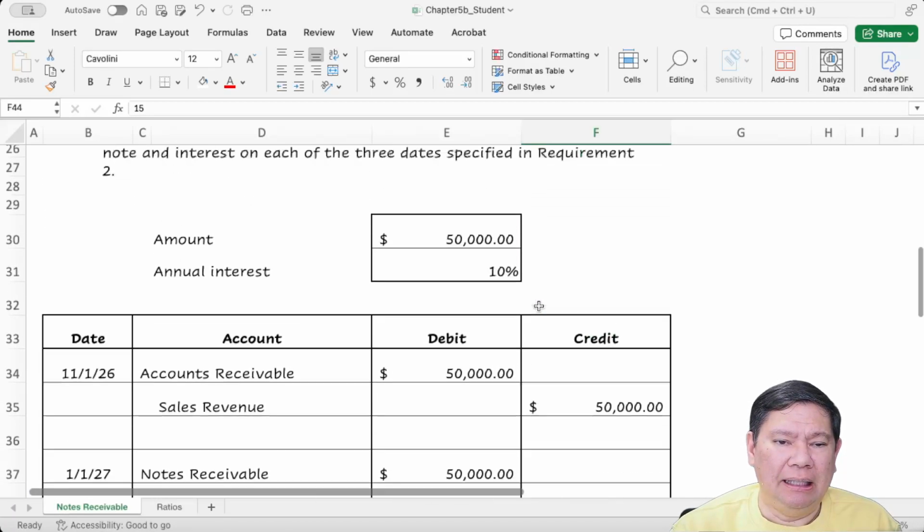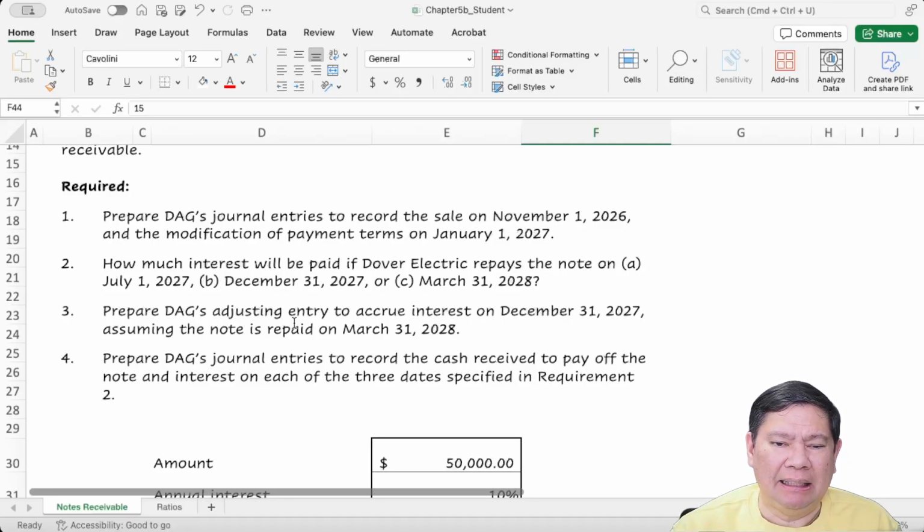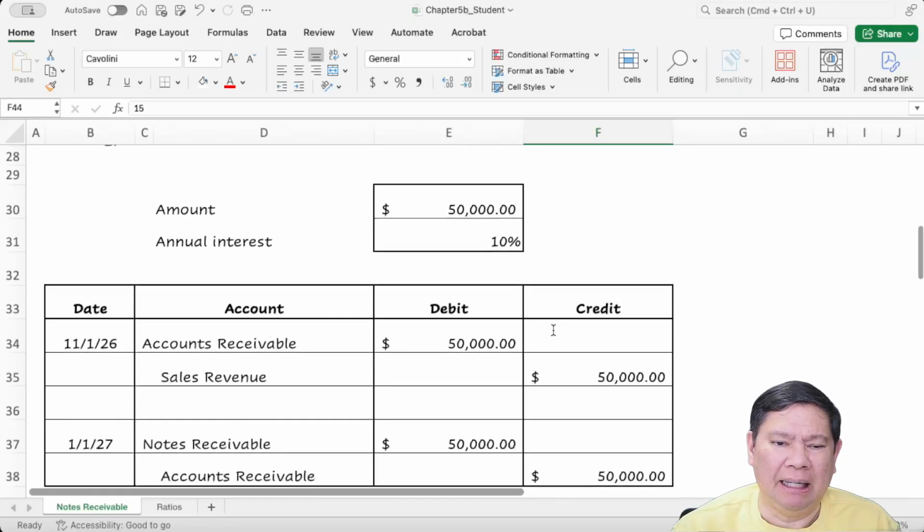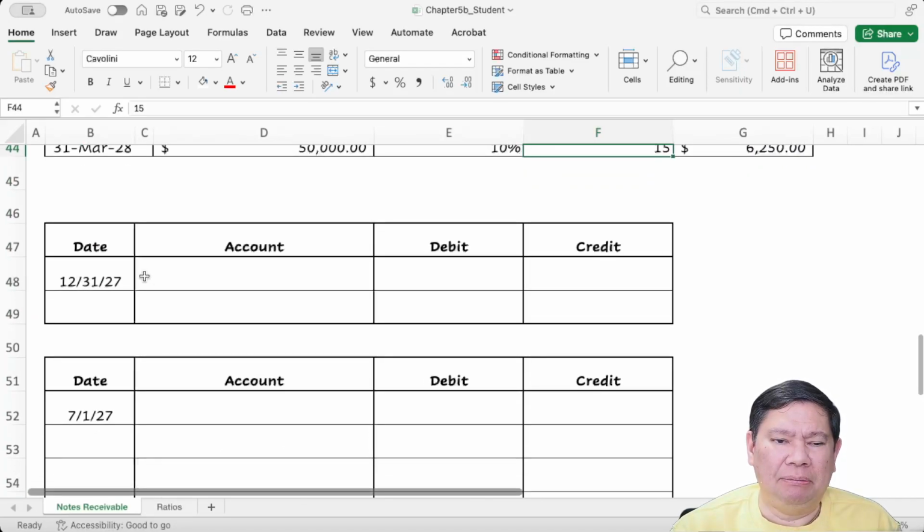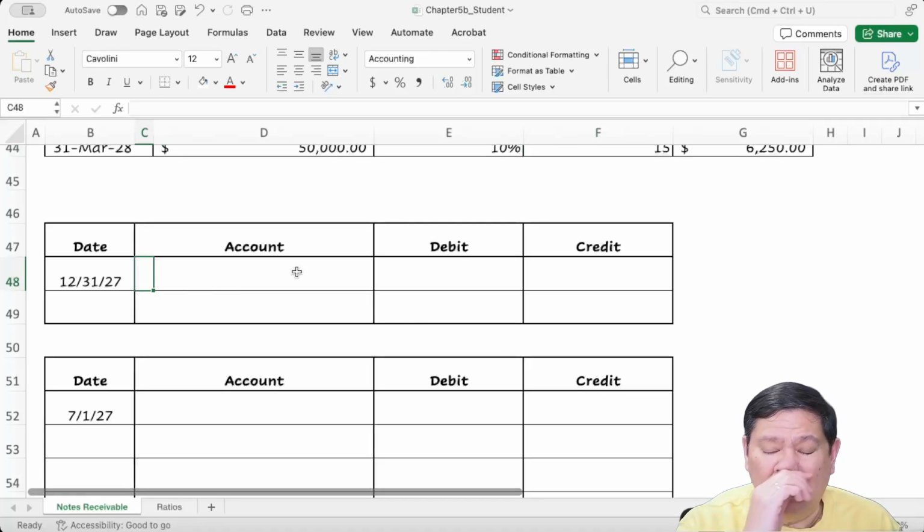Okay, now the next one is prepare the adjusting entry to accrue interest on December 31st, 2027. So on December 31st, 2027, we're not going to receive any interest payment, but we have to recognize interest revenue or interest income. Okay, and that is requiring adjusting entry on December 31st, 2027.